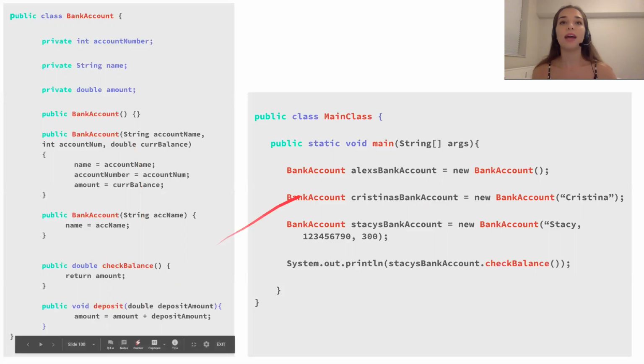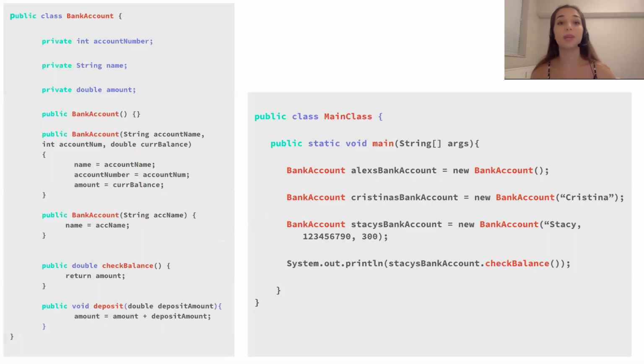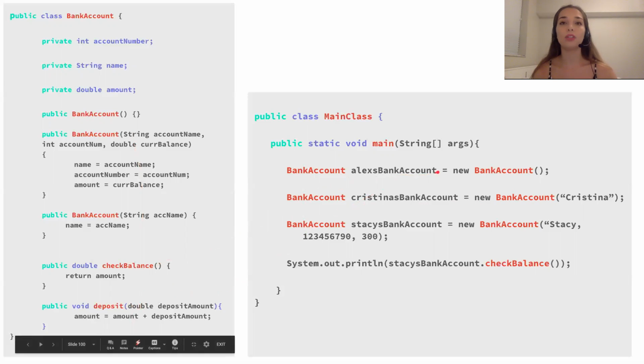But in the case of Alex's bank account, at this point, we never set Alex's name on his bank account. So right now, for Alex's bank account, you don't even know the name of it if you were to try to get the name. So you would need some more methods here to set it and get it later if you wanted to. But this gives you the option to set it from the very beginning. That's what the constructor is.